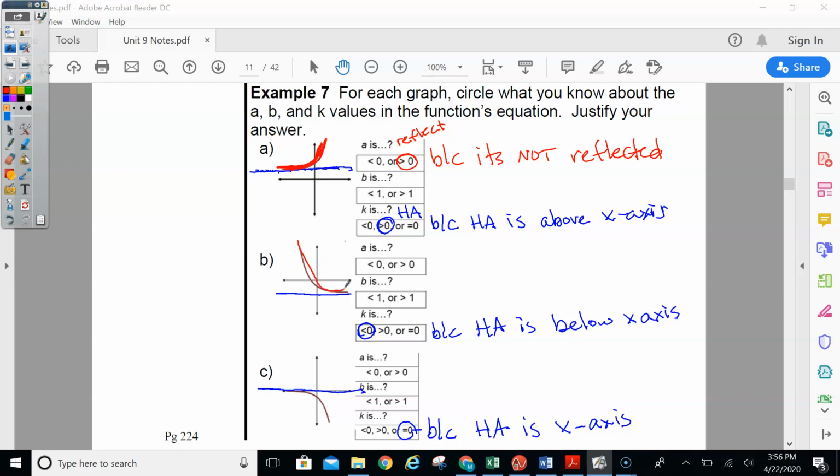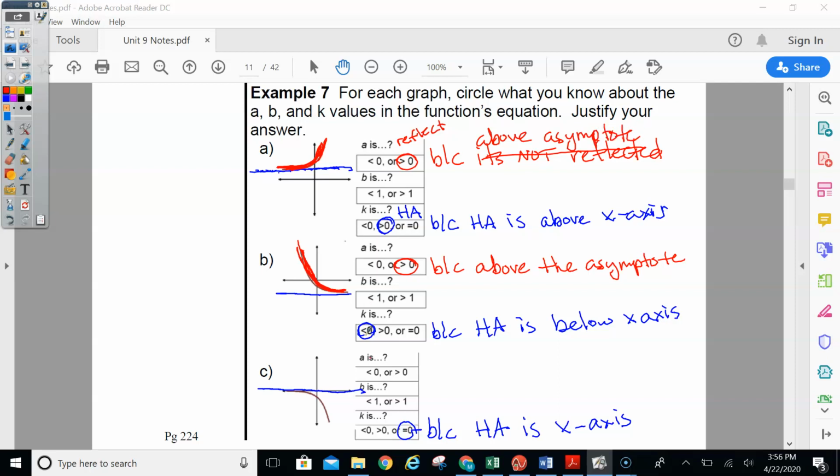Here, still above the asymptote. So it's not being reflected again. So maybe not above the x-axis, but above the asymptote. So A is still going to be positive because it's above the asymptote.